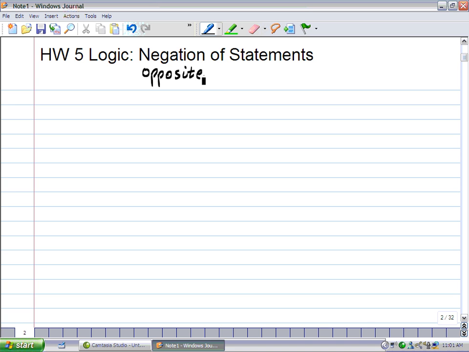We're going to start by looking at all or nothing kind of statements. The opposite of all or none is going to be some. For the opposite of all, it's going to be some are not. And for the opposite of none, some are.